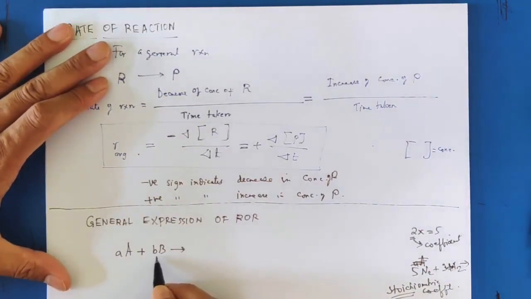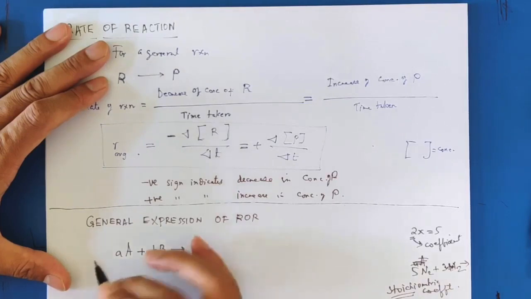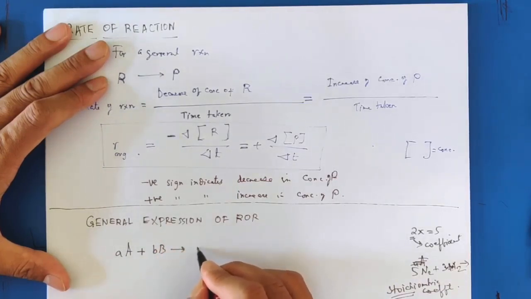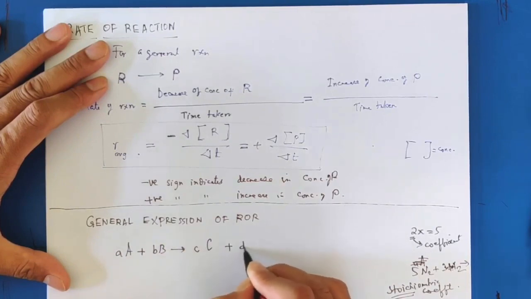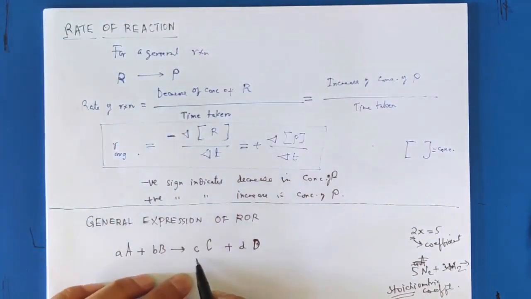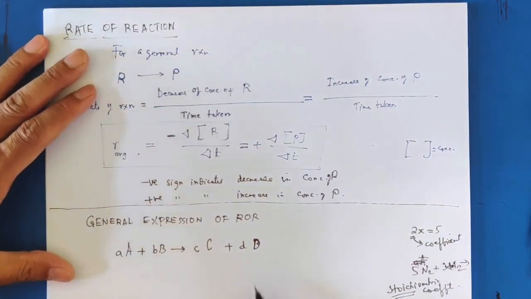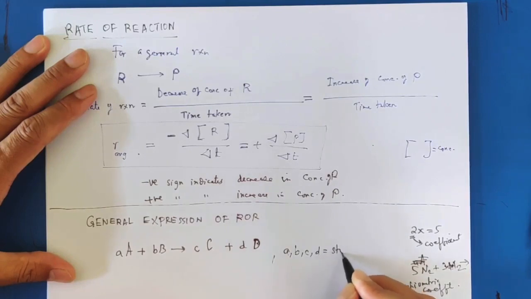So a and b are the stoichiometric coefficients of A and B respectively, and for the products C and D, c and d are the stoichiometric coefficients of C and D. So a, b, c, and d are stoichiometric coefficients.